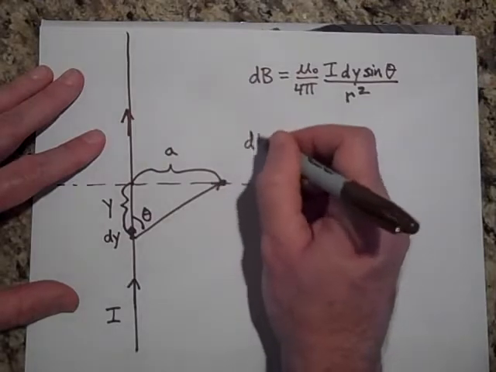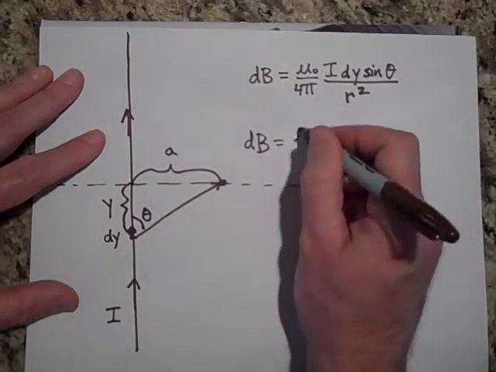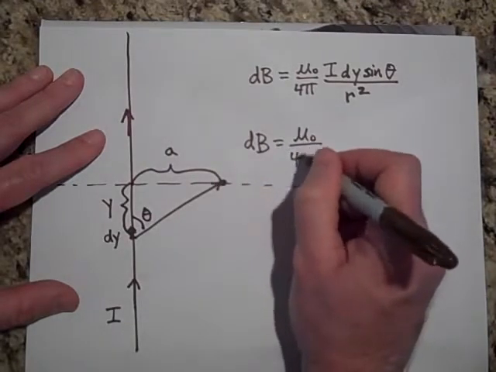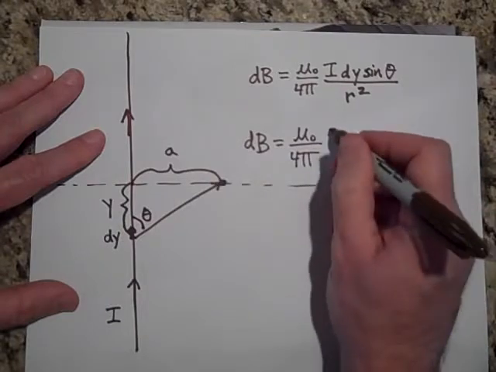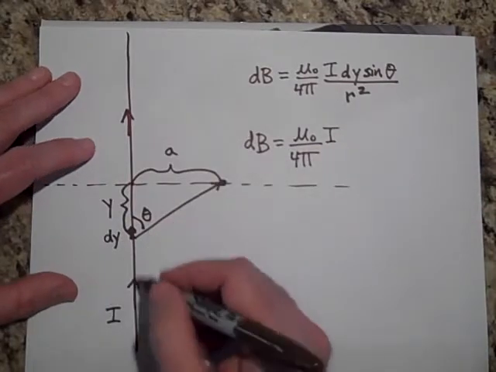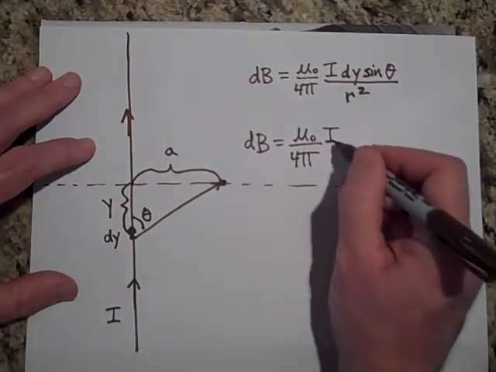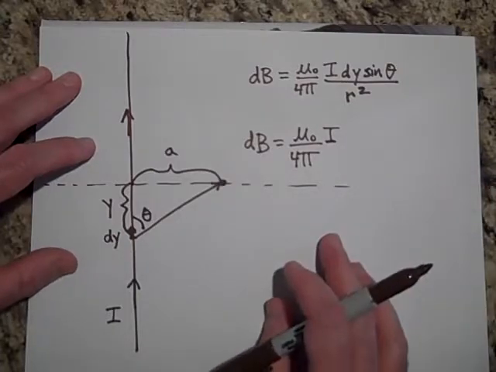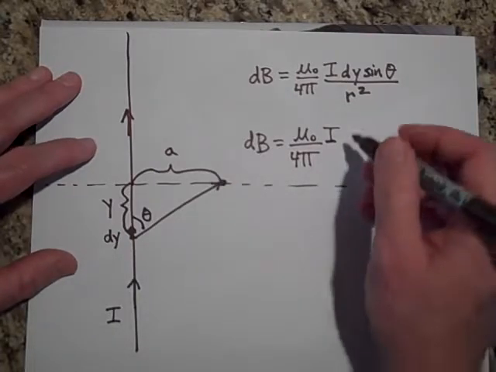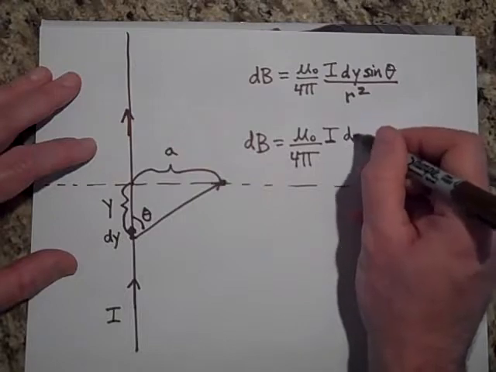Before I integrate, I'm going to do this. Bring this over. I is just a constant, a number that would be 4 amps or 1 amp or what have you. I'll have a dy there.